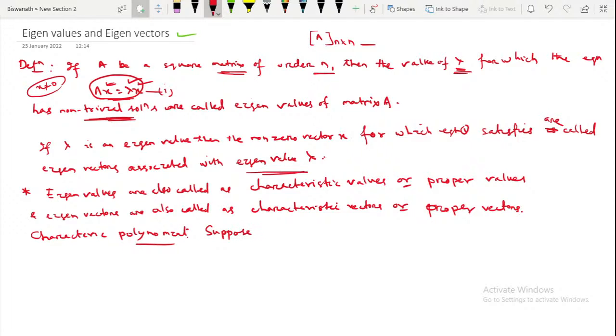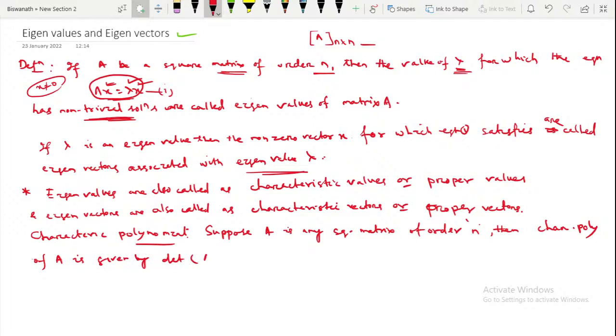Suppose A is a square matrix of order n, then the characteristic polynomial of A is given by the determinant of A minus lambda I, or A minus lambda In.